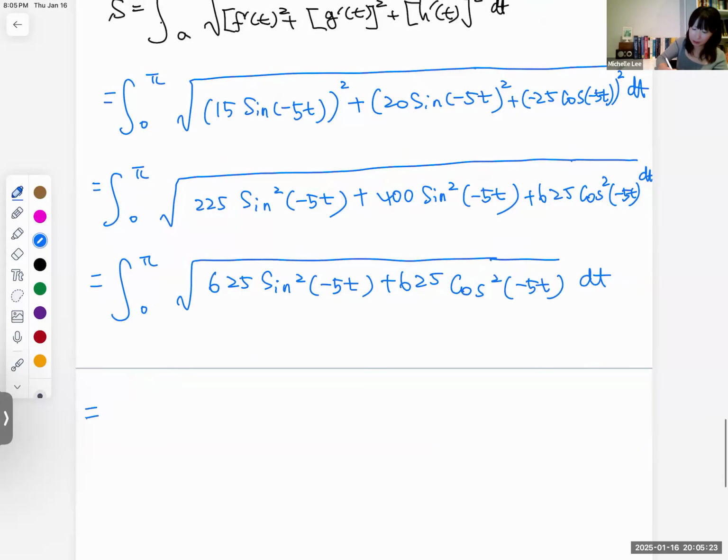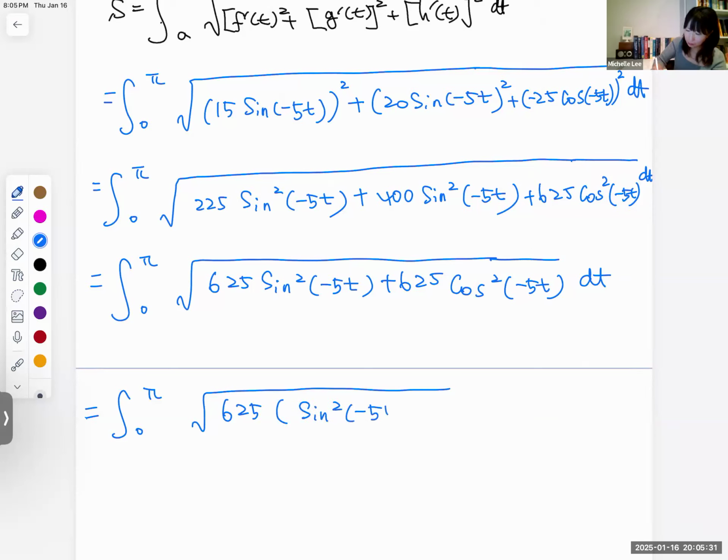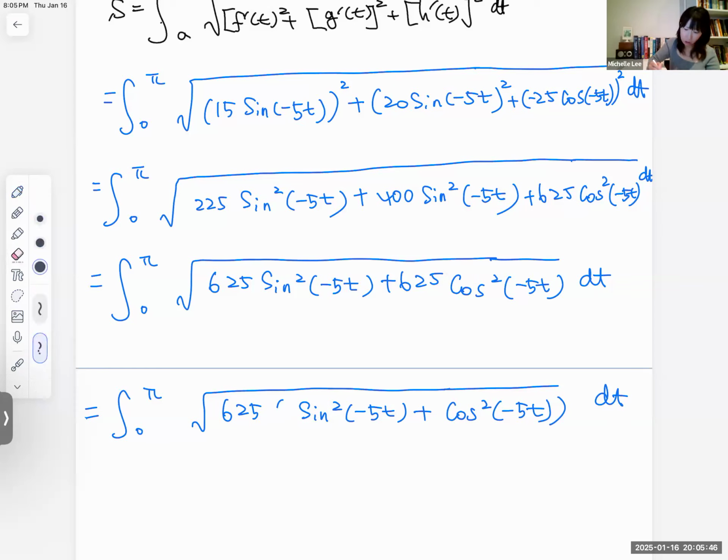Nice number, right? So lucky. So there will be 625 times sine squared negative 5t plus cosine squared negative 5t, dt. This is 1, right?